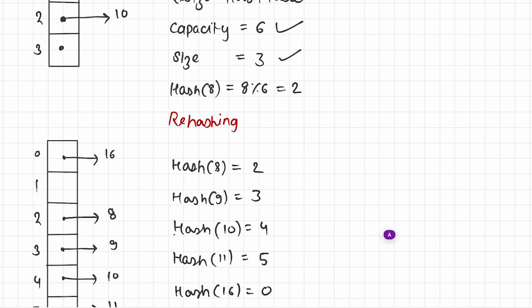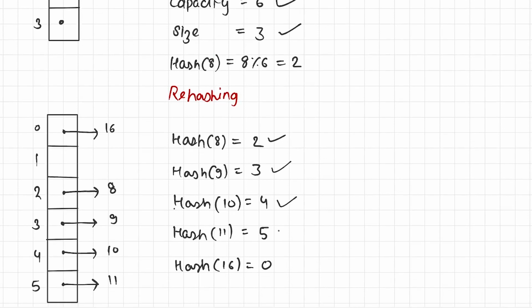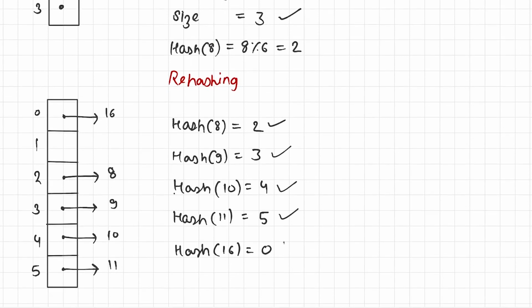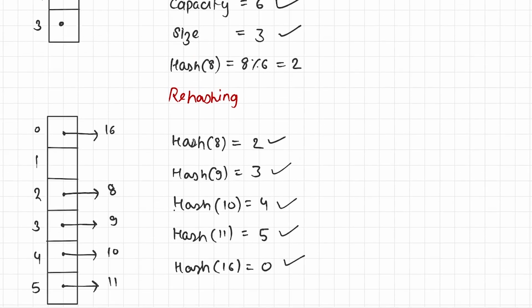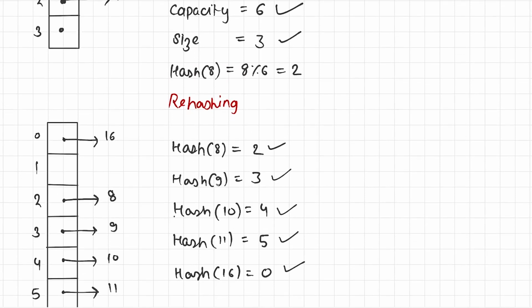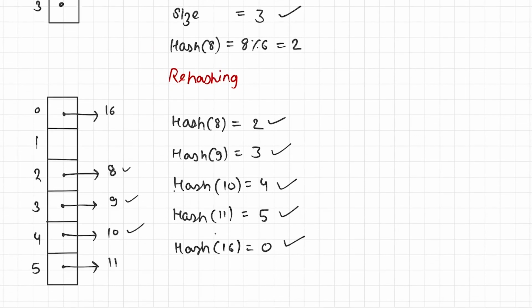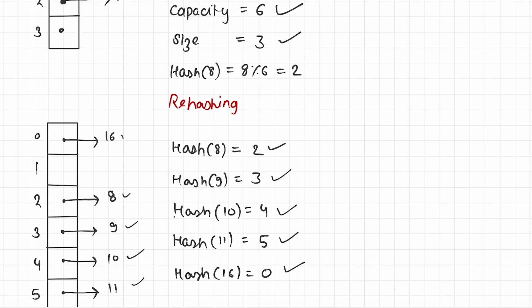When we do hashing of 8 with capacity 6, it comes out to be 2. For 9, it comes out to be 3. For 10, it comes out to be 4. For 11, it comes out to be 5. And for 16, it comes out to be 0. So we are going to insert 8 at bucket 2, that is here, object 9 at bucket 3, object 10 at bucket 4, object 11 at bucket 5, and object 16 at bucket 0.